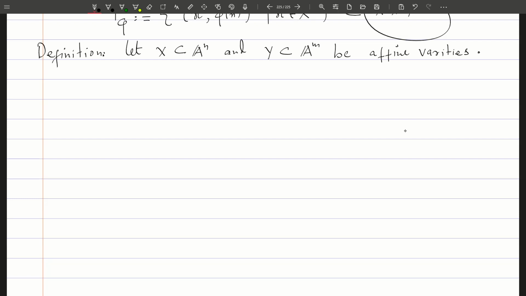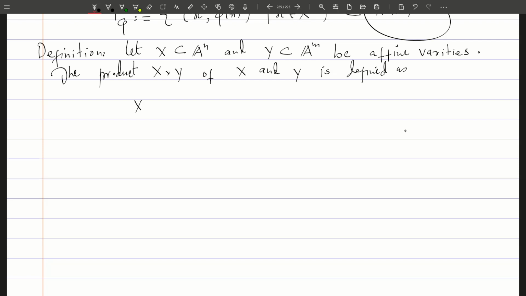Then the product, which is denoted by X times Y, of X and Y, is defined as follows.